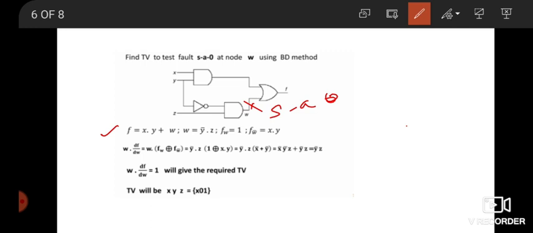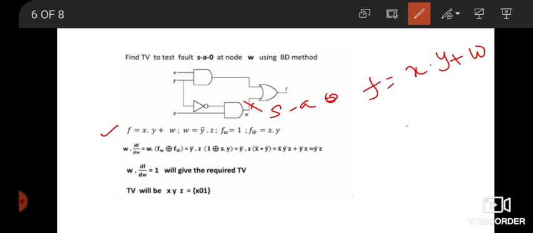So first we find f of w: substitute w equal to 1 in f equal to x dot y plus w.